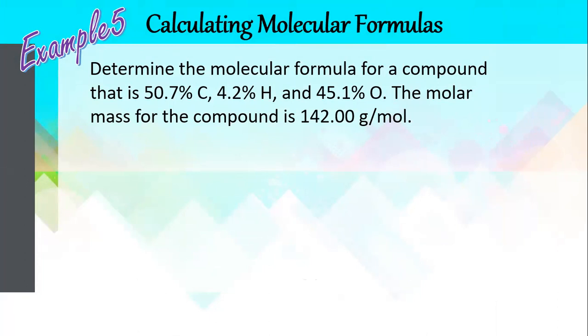Now take note of this: you cannot find the molecular formula if the problem has no given molar mass. So it is necessary that the given problem have the molar mass of the compound so you can find the molecular formula of the compound.